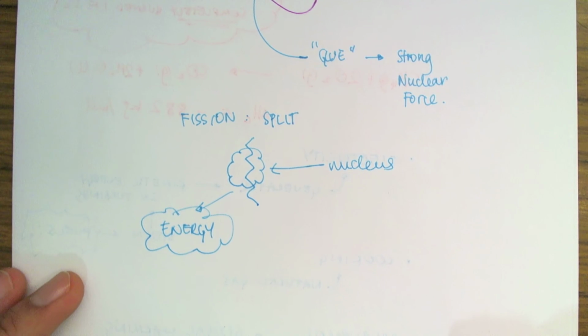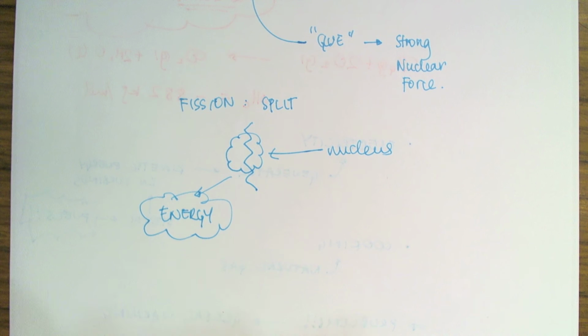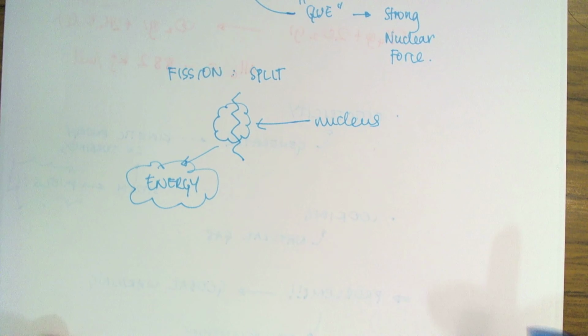And we can use this energy just like in a traditional fossil power station, where the energy is used to heat water. Steam produced as a result is used to turn turbines and hence turn the generator, which in turn generates electricity. So that's one way we can do it.